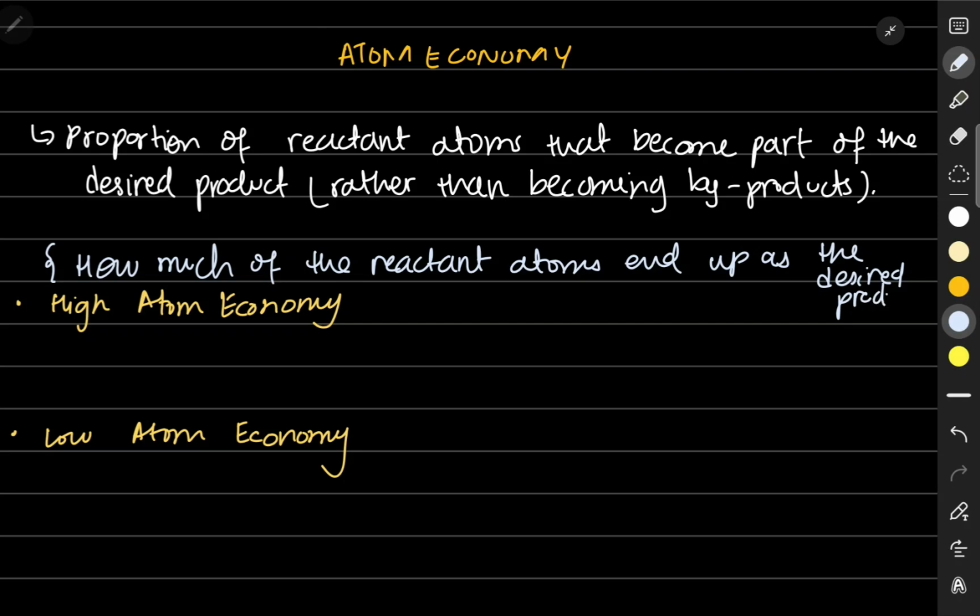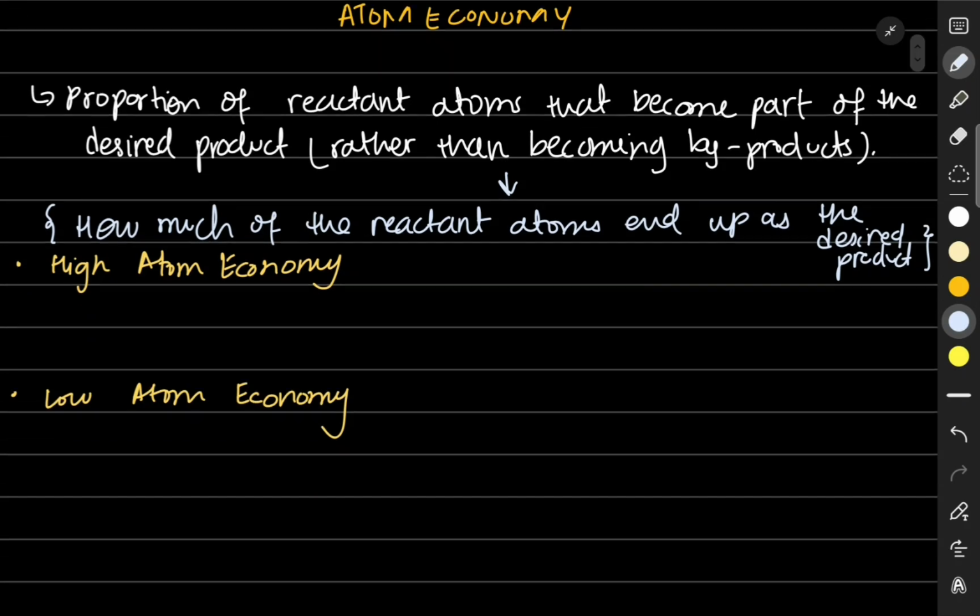I have a definition written for you here: atom economy is the proportion of reactant atoms that become part of the desired product rather than becoming byproducts. So put simply, this is what atom economy is: how much of the reactant atoms end up as the desired product.